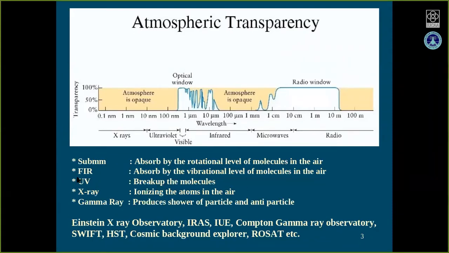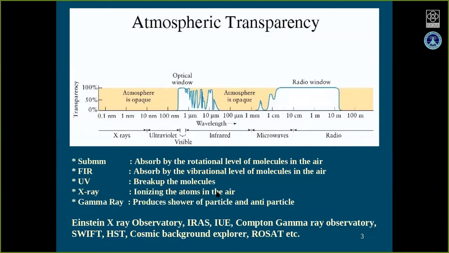Near ultraviolet we can have, but ultraviolet photon breaks up the molecules. Molecules absorb this ultraviolet photon and it breaks up. X-ray, what is the reason behind X-ray? X-ray ionizes the atoms in the air. So all the atoms absorb X-ray and they ionize.